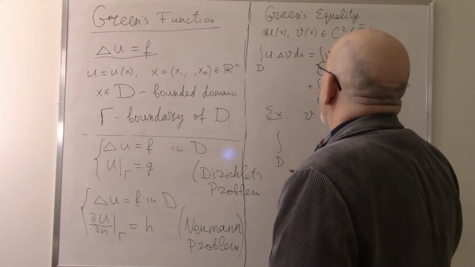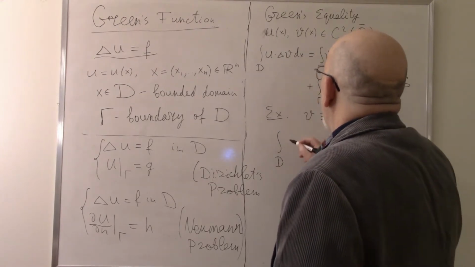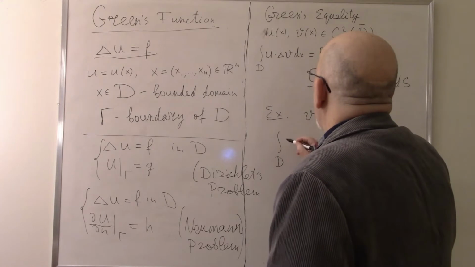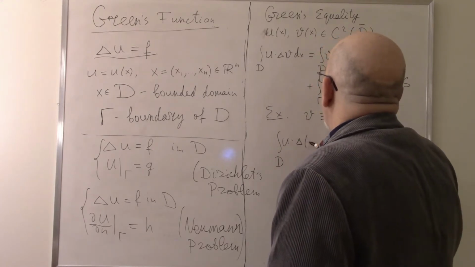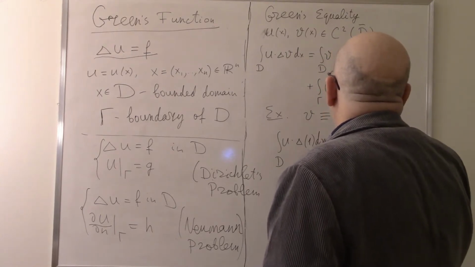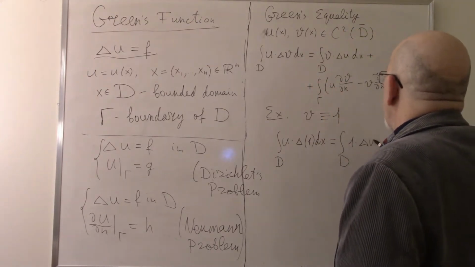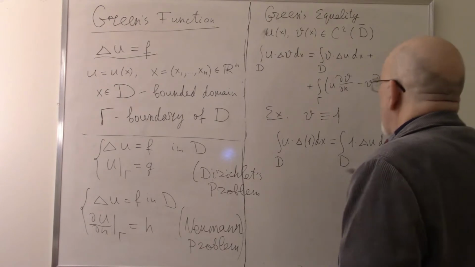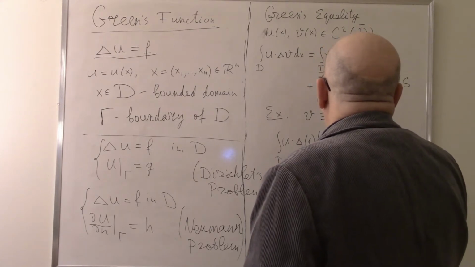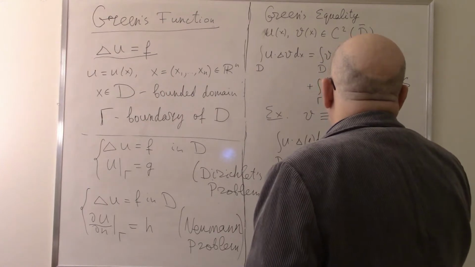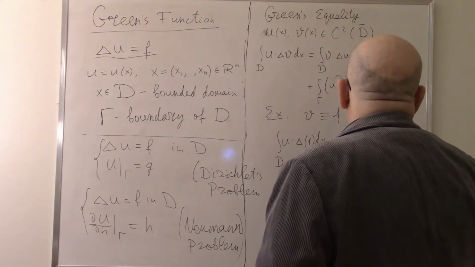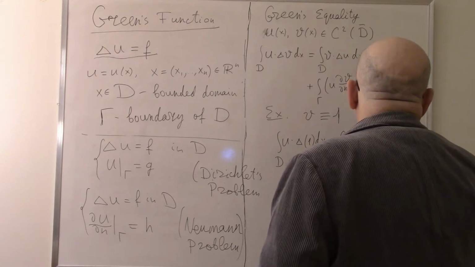Integral over D of u times Laplacian of 1 dx equals integral over D of 1 times Laplacian u dx plus integral over gamma of u times d(1)/dn minus 1 times du/dn ds.